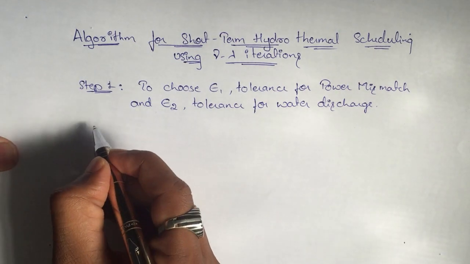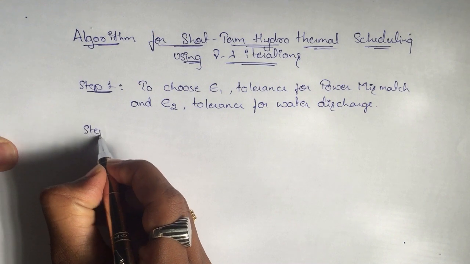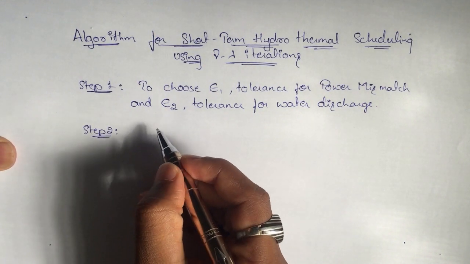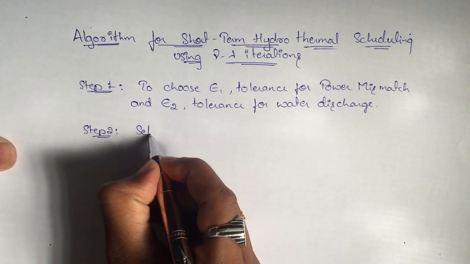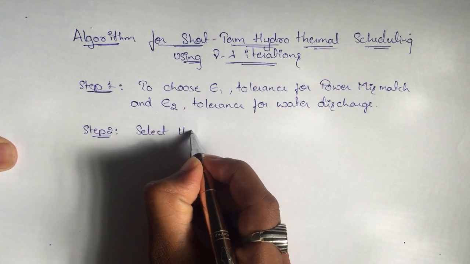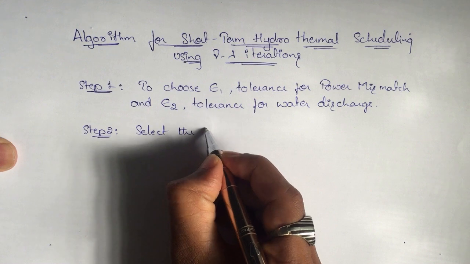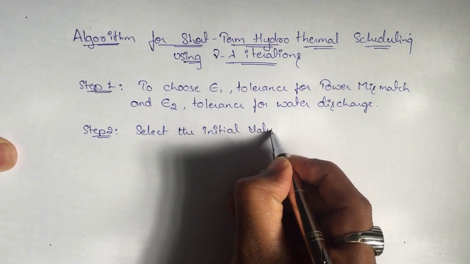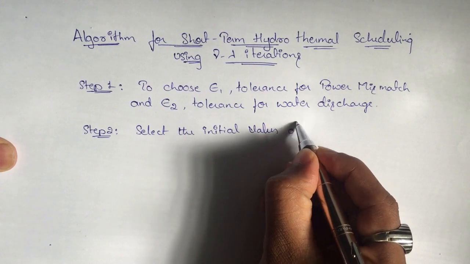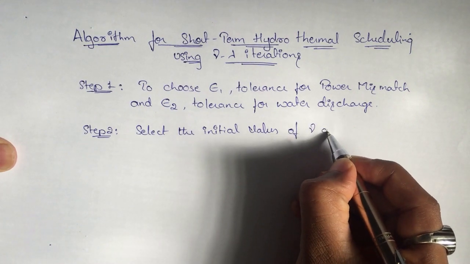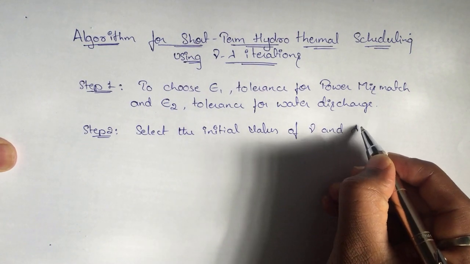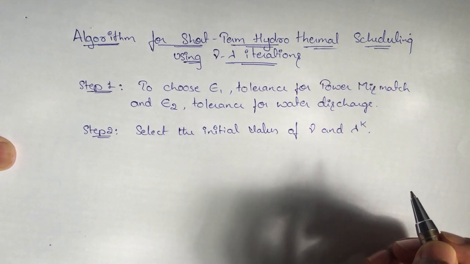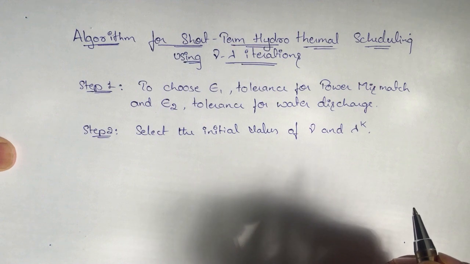Later in step 2, select the initial values of gamma and lambda k. This is step 2. We are initializing the value of gamma and lambda.